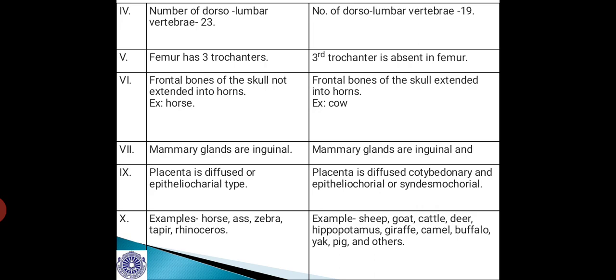And the next difference is that the number of dorsolumbar vertebrae in case of Perissodactyla is about 23. You know what are these dorsolumbar vertebrae?